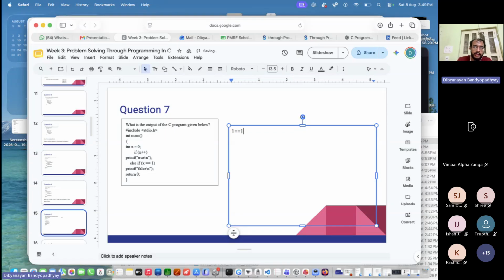We know that this is actually true. So inside else if, true, because 1 equal to 1. Okay. Then as it is true, whatever is inside the else if statement will get printed. Inside the else if statement, there is a printf statement called false. So ultimately the false value will be printed to the terminal like this.